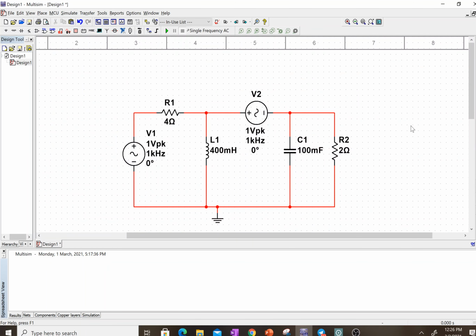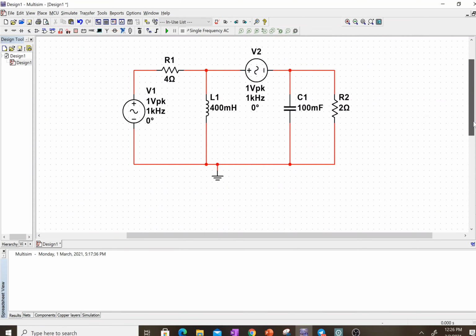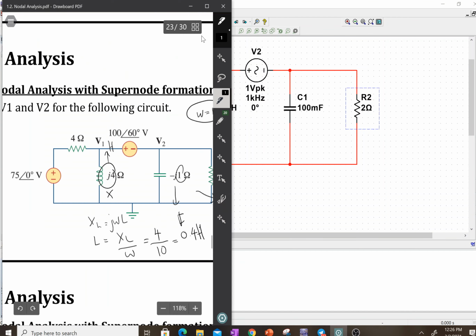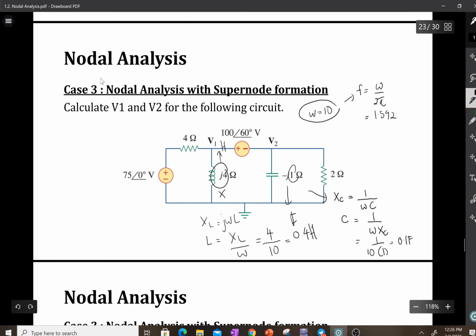Then next we are going to analyze the variables that we need to find. Okay, so for this case, the question asks you to calculate V1 and V2. So V1 and V2 are the voltage at node 1 and node 2. So basically we are measuring voltage V1 at the inductor, and V2 is at the capacitor.